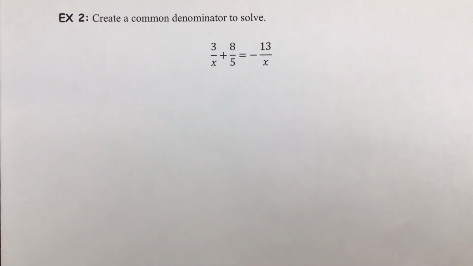So what we really have here are two unique factors. You have an x and you have a 5. Whatever a certain fraction is missing, just make sure that you multiply the top and bottom of that by the factor that would be missing. So we're going to take the 3 over x and multiply the top and bottom by 5, because that would be the factor in the denominator that this one doesn't have.